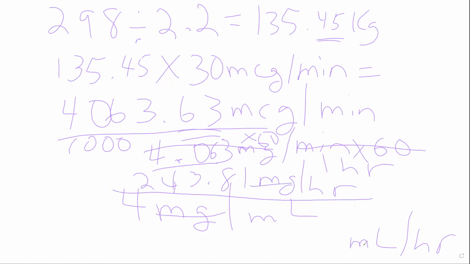Milligrams cross out, and we'll be left with mLs per hour. We divide this by our 4, and that gives us 60.95, which would likely round up to 61 mLs per hour.